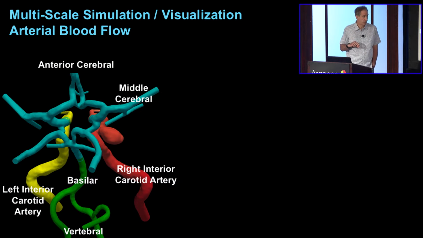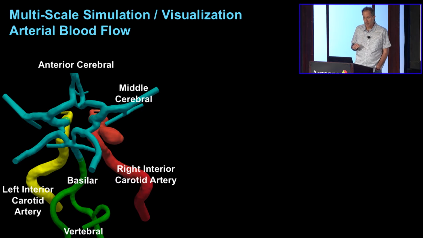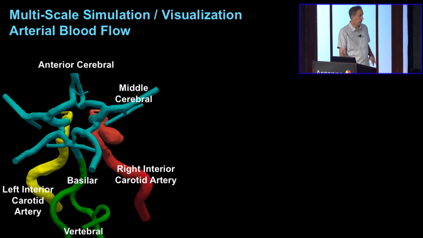So a few examples of visualization. This is from a project that I've worked with this team on, off and on, for about the last 10 or 15 years. It's really a multi-scale simulation and visualization problem. What we're looking at are arteries in the brain.